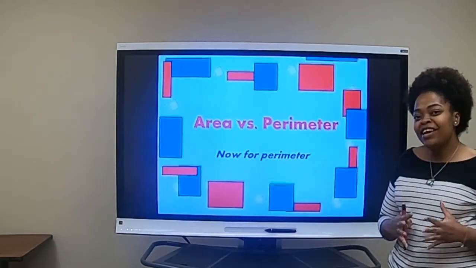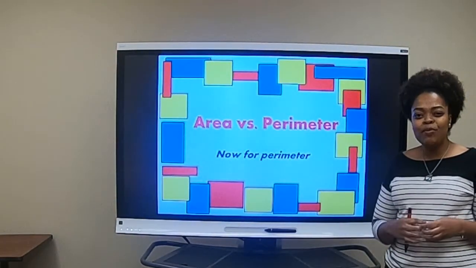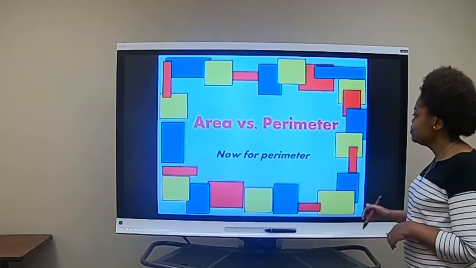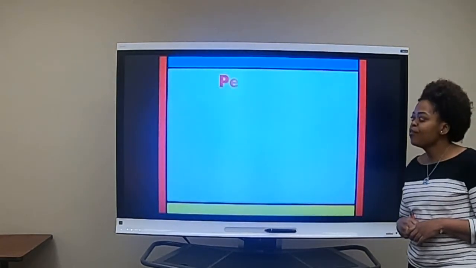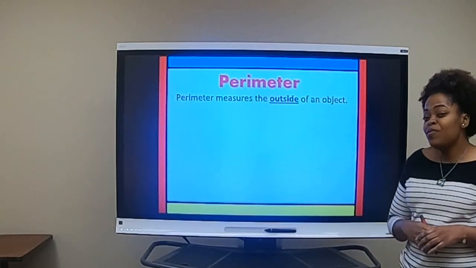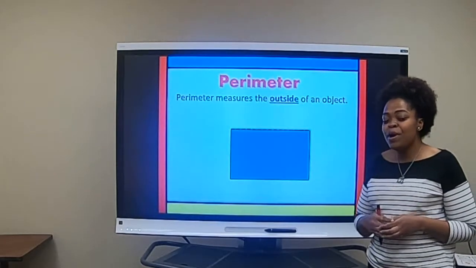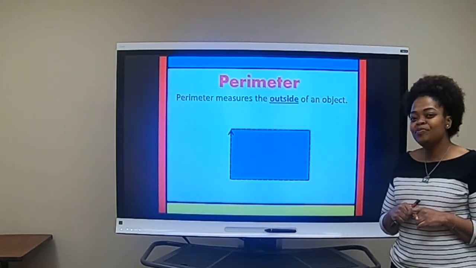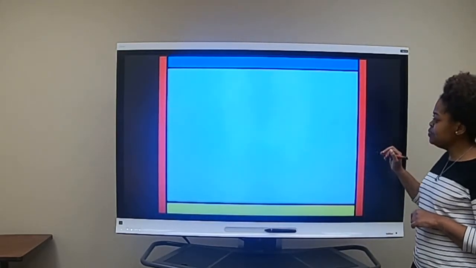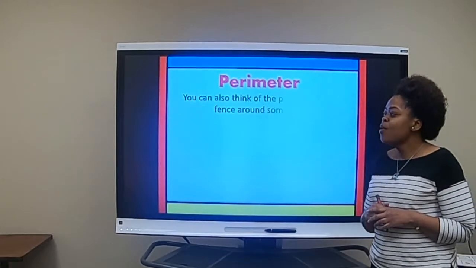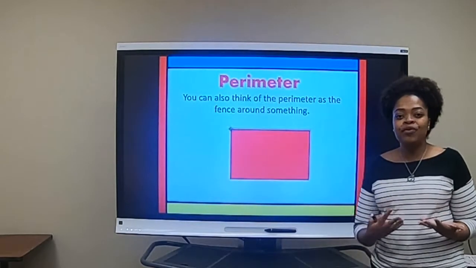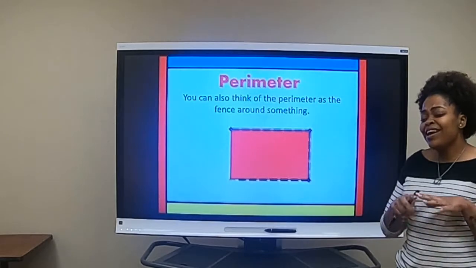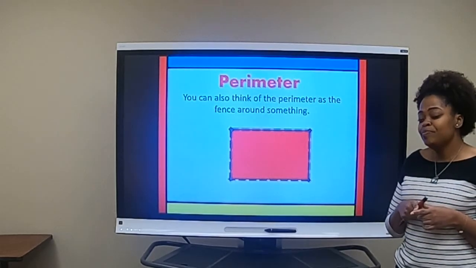Now that we've looked at area, let's look at perimeter a little closer. Remember that we said that perimeter measures the outside of an object. We can even think of perimeter as being like a fence around something.